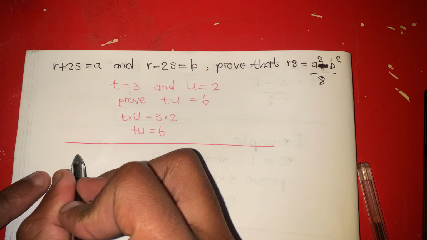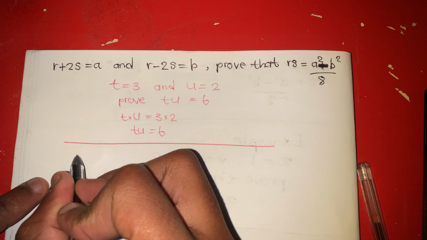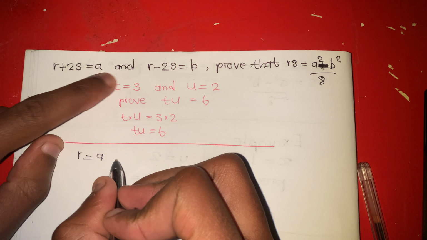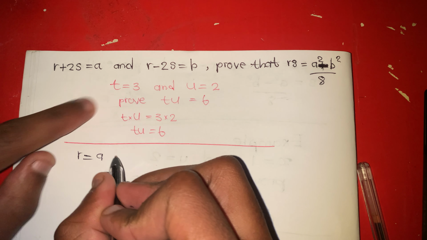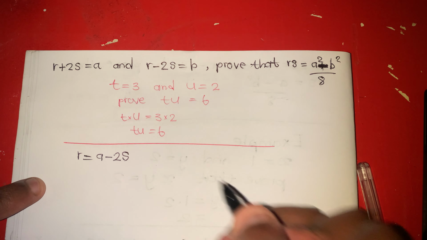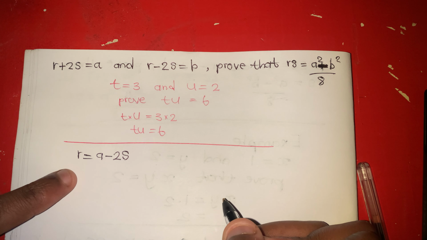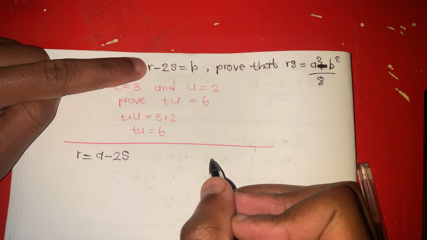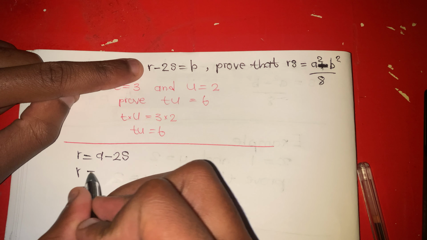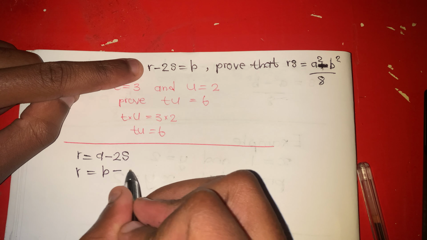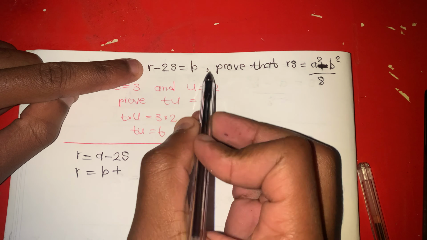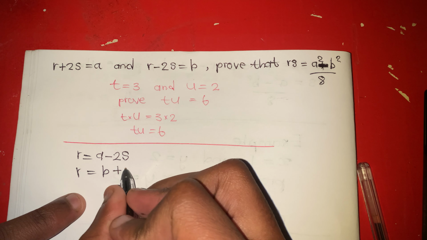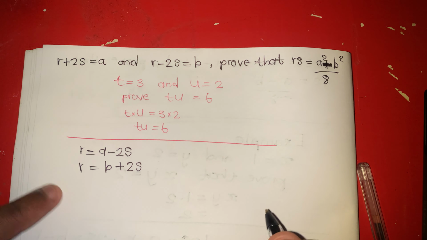So here we see that r is equal to a. 2s will cross the equal sign and become negative 2s. This is your first part. Then your second part would be that r is equal to b plus, because this will go to the other side, become positive, so plus 2s.